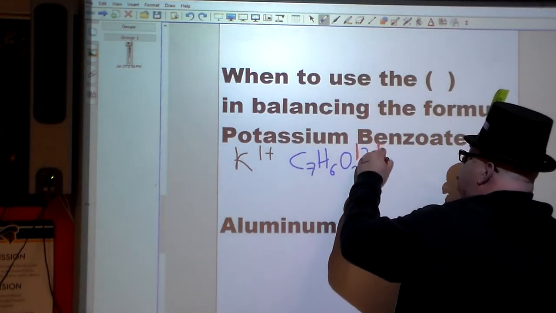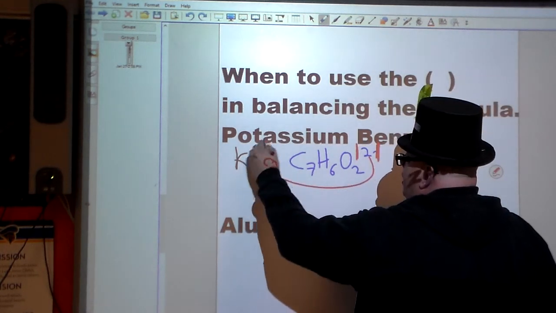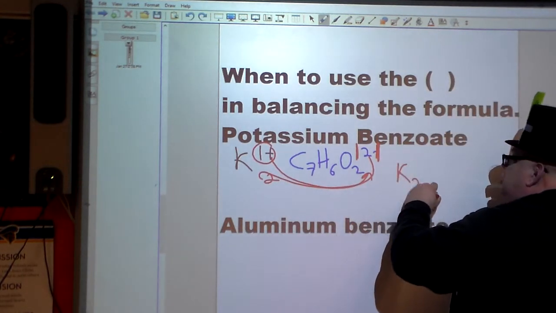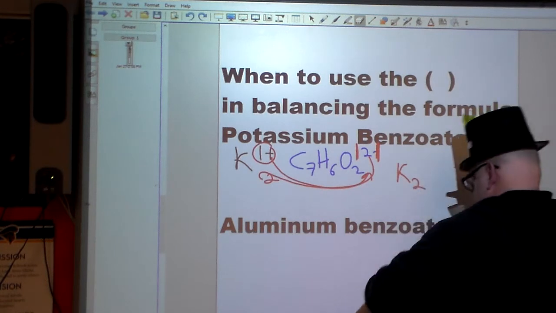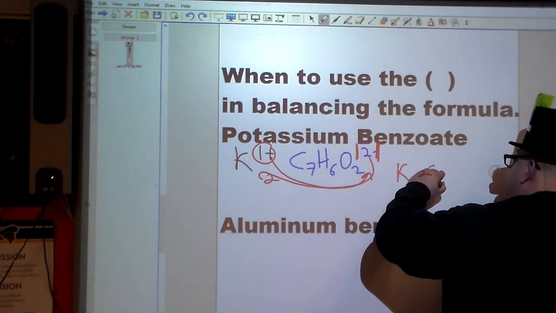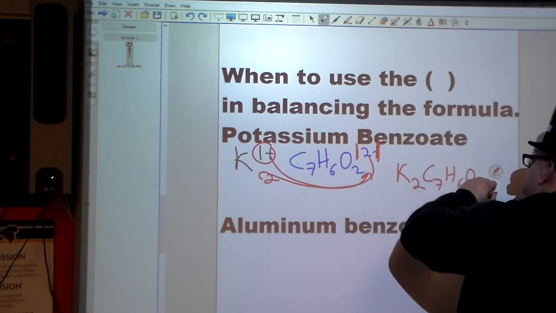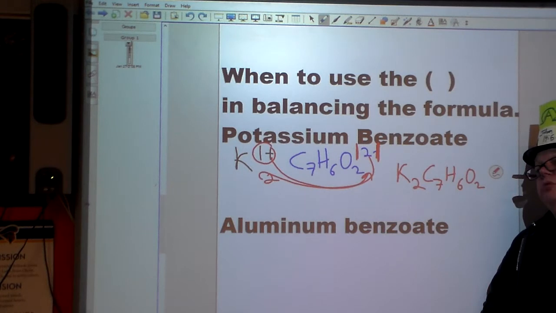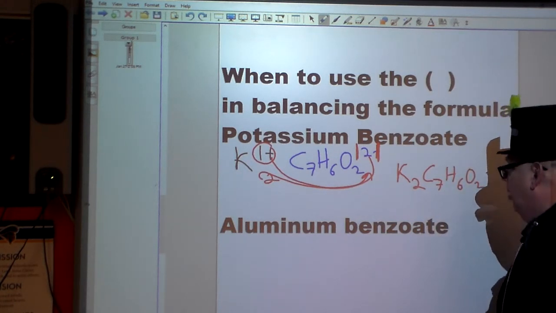So we're going to change that and bring that over to here. And then this one is going to be brought to here. So we'll have K2C7H6O2. So this is potassium benzoate, which is in fact a food preservative. You'll find it in yogurt.